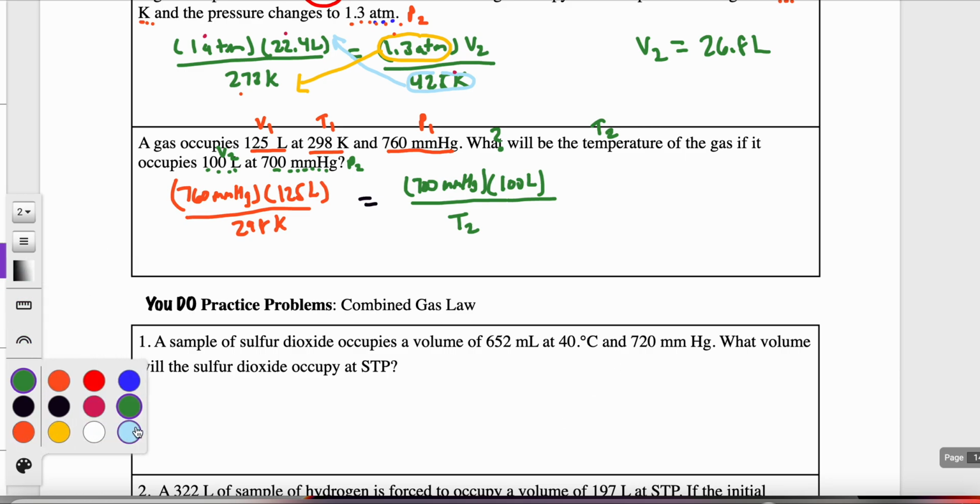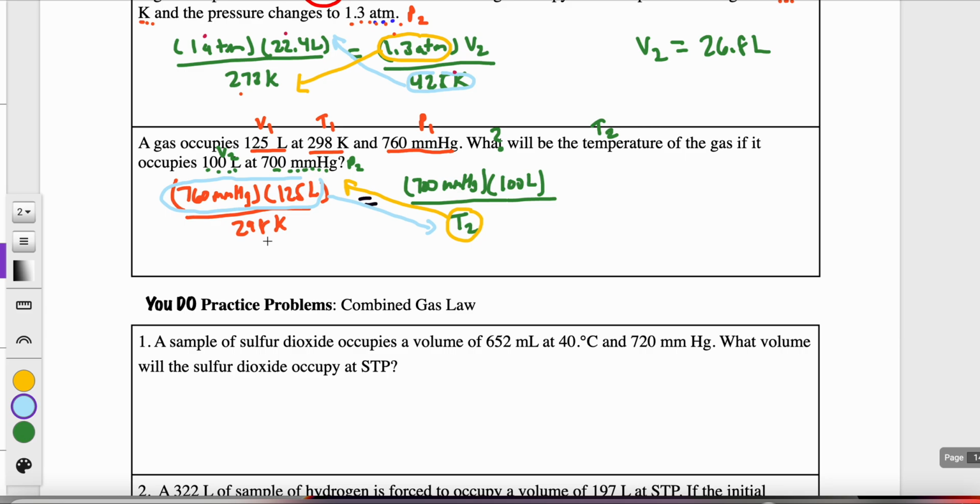Once again, we have two fractions set equal to each other, and we have an unknown, so we need to do some cross multiplication. We want T2 to be by itself, so we're going to cross it up and put it over up here. At the same time, we have to cross these down so they swap places with T2. So now we have T2 over 298 equals 700 times 100 divided by 760 and 125.